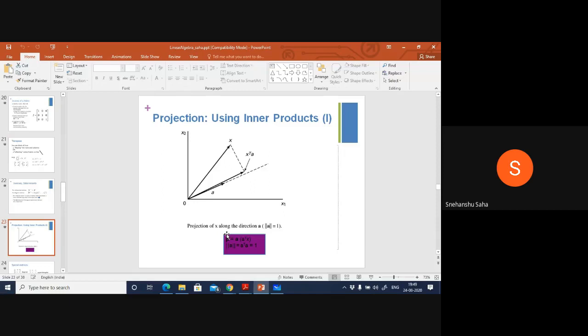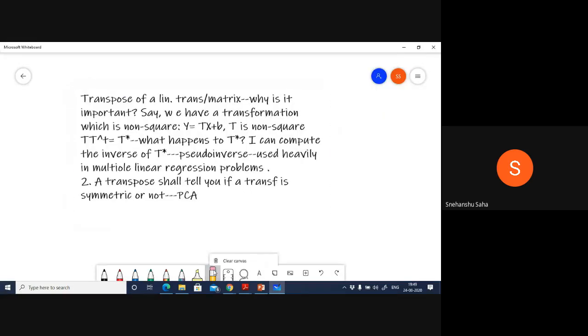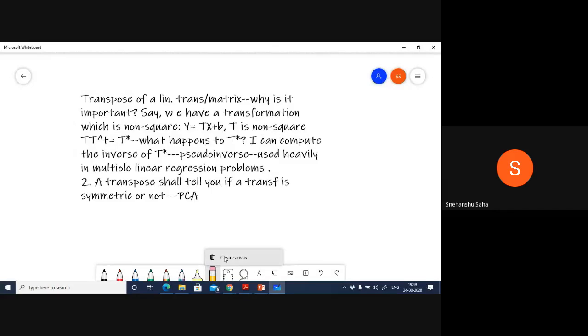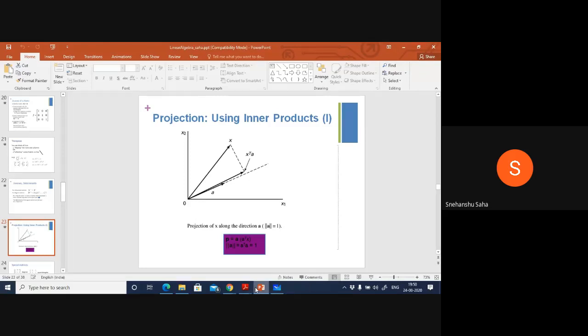So let me go back to the whiteboard, and let's erase this. All right. So we talked about transposes, we talked about inverses of transformations, and we need to know what kind of things we are able to do.